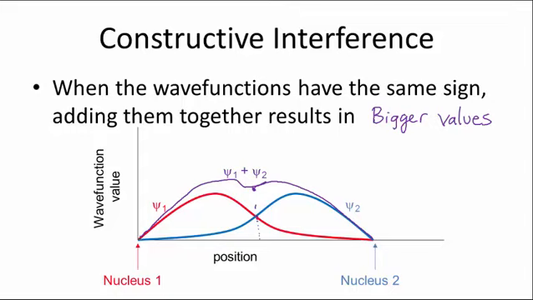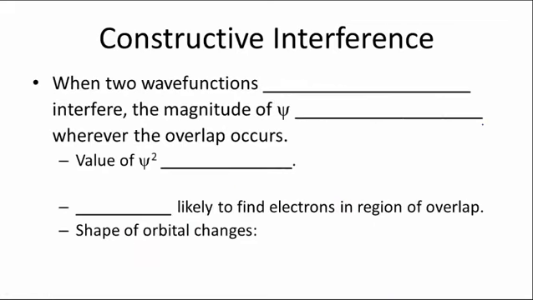We call that constructive interference because they have built on each other. So in general, when two wave functions constructively interfere, the magnitude of the wave function increases wherever they're overlapping.